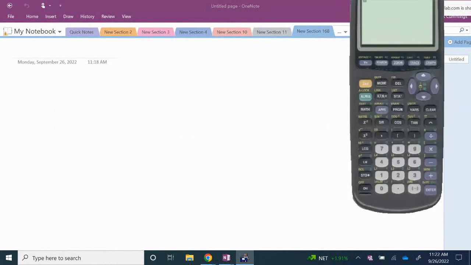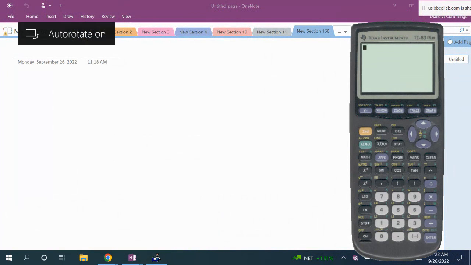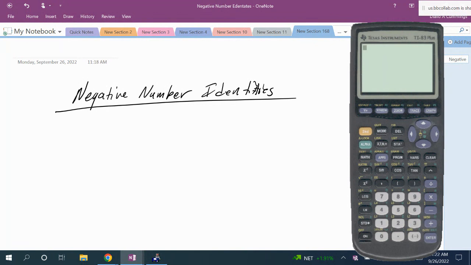All right, so here are the negative number identities. All right, and here they are.